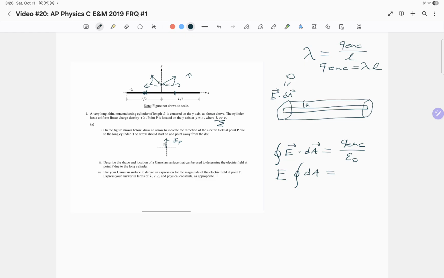Actually, never mind, because we still don't know the enclosed charge anyway. Forget everything I was saying. Let's just use big L. You do want to use big L here, because we want to enclose the entire rod to find the electric field at P.